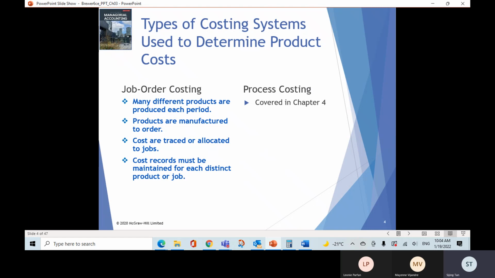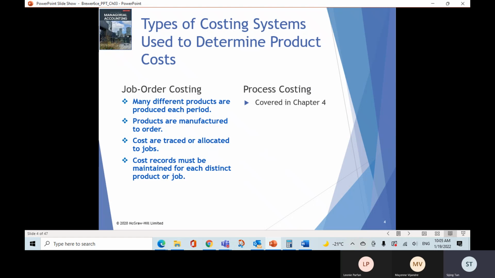Examples using job order costing include Bombardier, the aircraft manufacturer, and Hallmark, the greeting card maker.